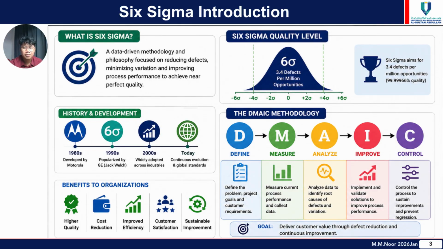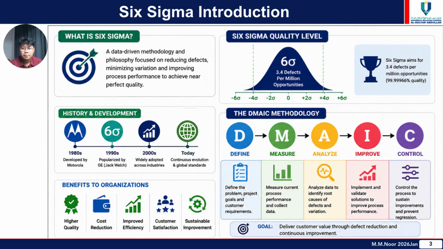Basically, Six Sigma is a data-driven methodology that focuses on reducing defects, minimizing variation, and improving process performance. The target symbol represents the goal of achieving process excellence. Instead of relying on assumption, Six Sigma uses facts and data to solve the problem and improve the quality.